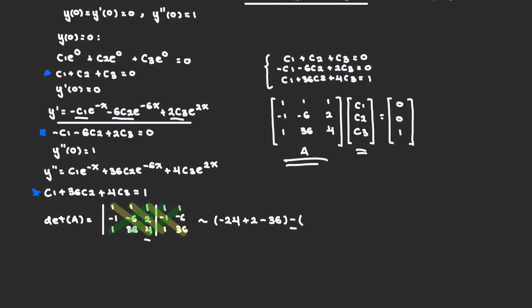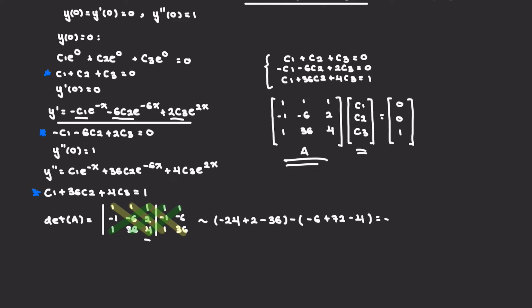Okay, so 1 times -6 times 1 is just -6. And then 1 times 2 times 36 is just positive 72. 1 times -1 times 4 is just -4. So what we get here is -24 minus 36 is -60.